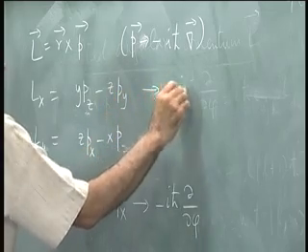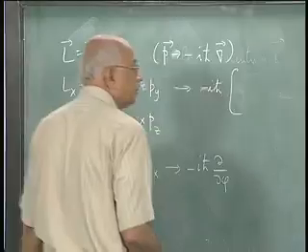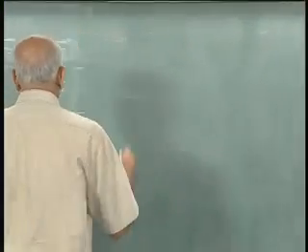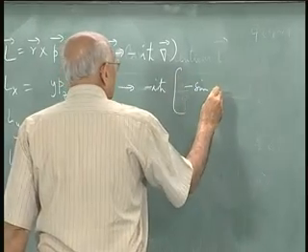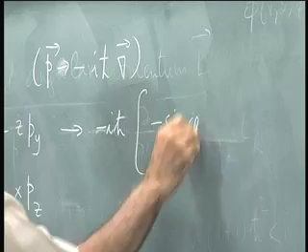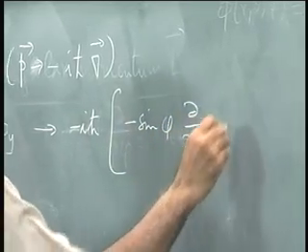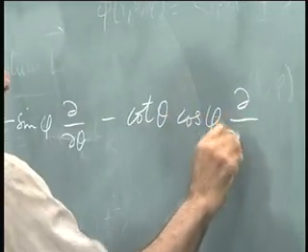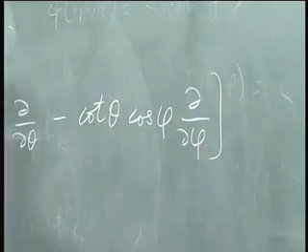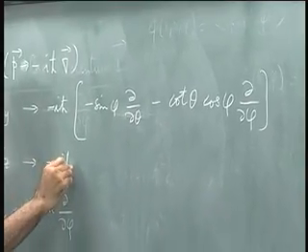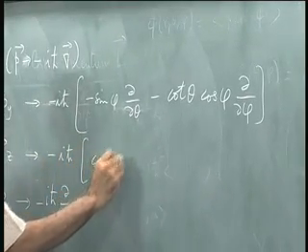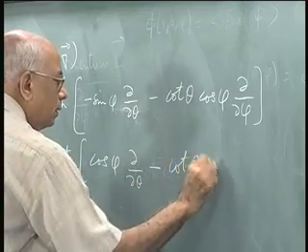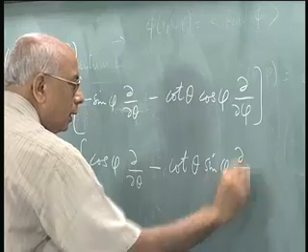This is minus iħ cross, and if I remember this right, I used to at one time, so let me see if this is right. Minus, I will check this out and let you know, it is minus sin φ ∂/∂θ minus cot θ cos φ ∂/∂φ, and this is minus iħ cross, I know there is a plus here, cos φ ∂/∂θ minus cot θ sin φ ∂/∂φ.